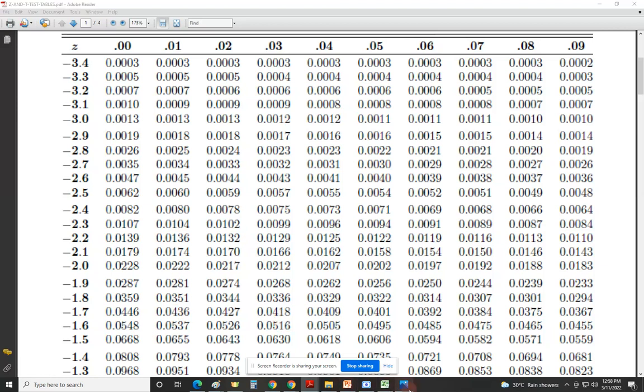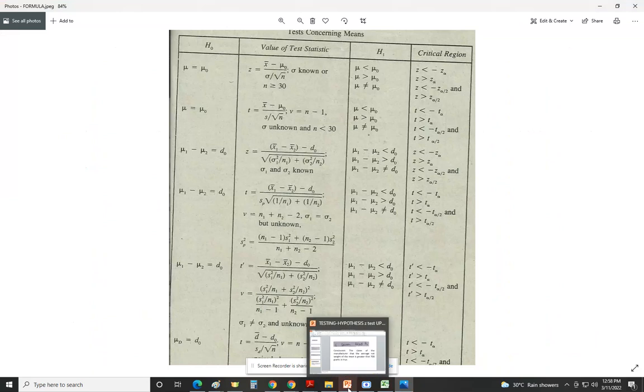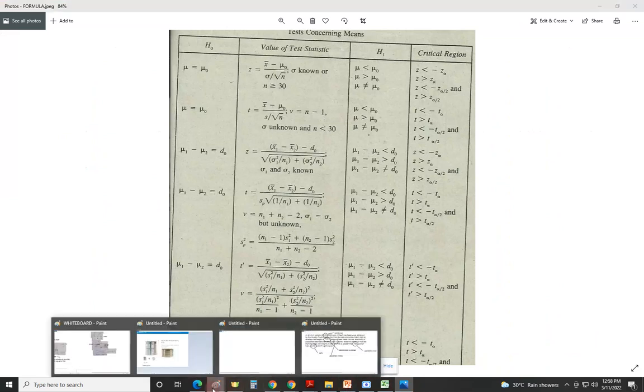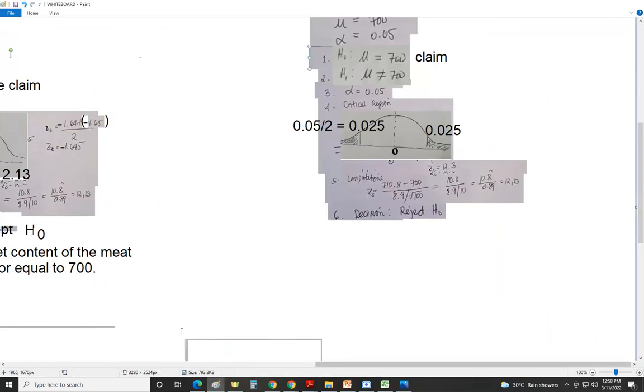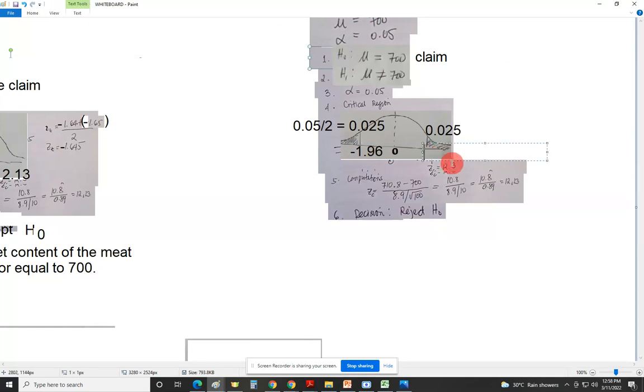So, we have the value of z, which is negative 1.96. And the other, since it's a mirror, salamin, no? It's positive 1.96.